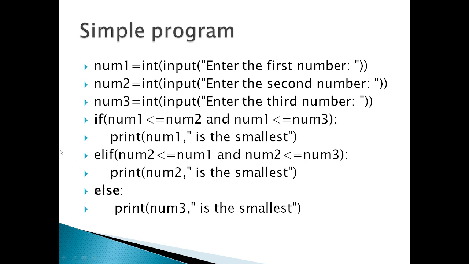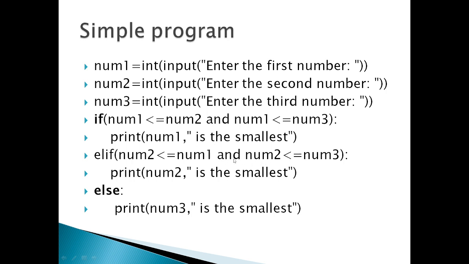Let's also study the next condition: if number 2 is less than or equal to number 1 and number 2 is less than or equal to number 3. So if 20 is less than or equal to 10 and 20 is less than or equal to 30, this condition will be wrong, because 20 is not less than 10, though the other statement is right.